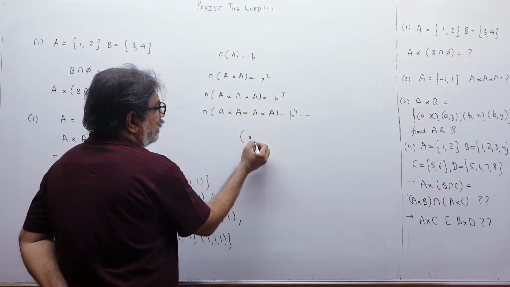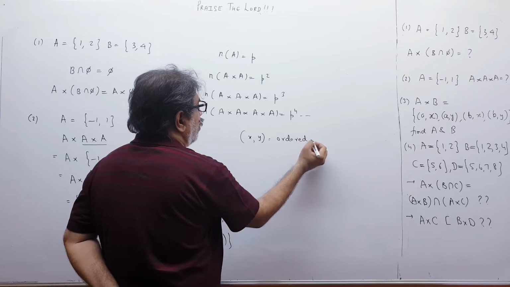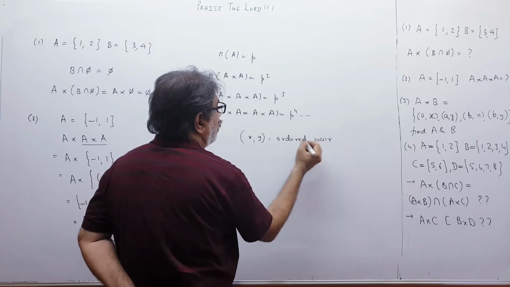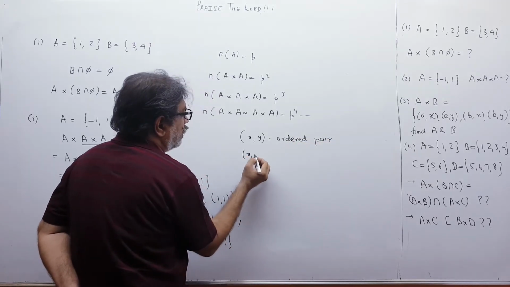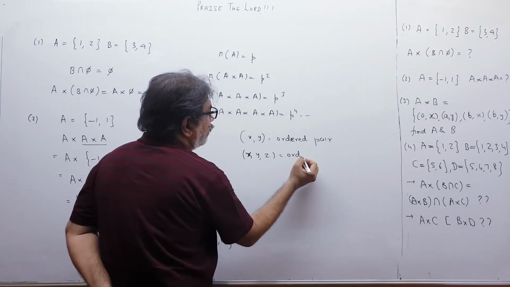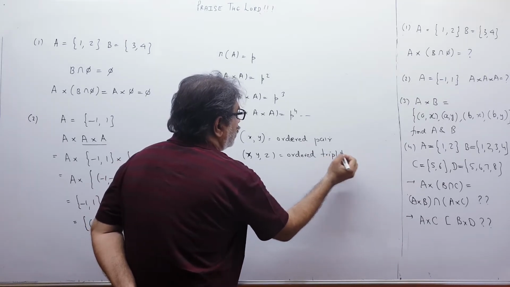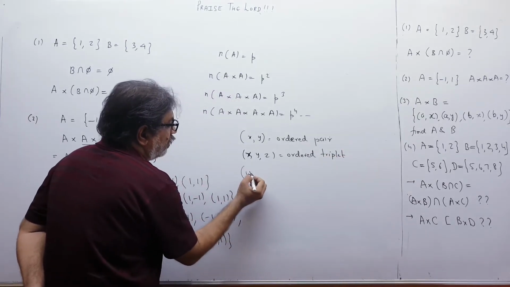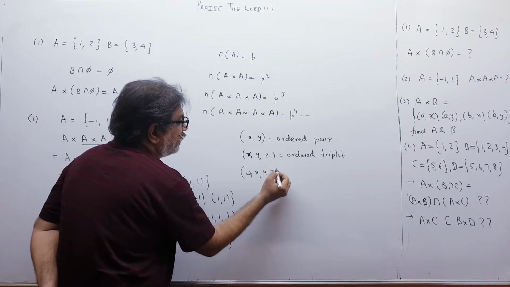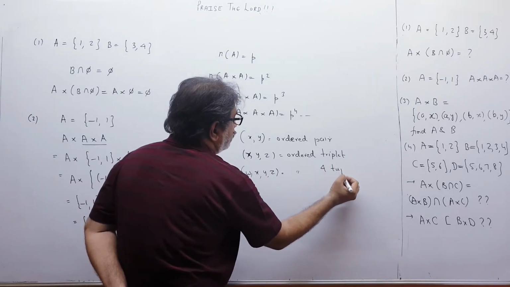You have to understand, children, X, Y is called an ordered pair. X, Y, Z is called an ordered triplet. W, X, Y, Z will be called an ordered 4 tuple.